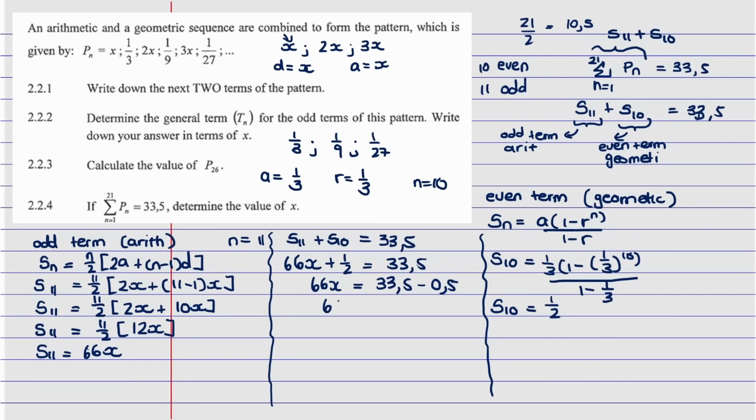So 66x is equal to what? It's basically equal to 33. Divide both sides by 66. Therefore, x is going to be equal to 1 over 2. So our x is equal to 0,5, which is a half. So that's our answer for this question.